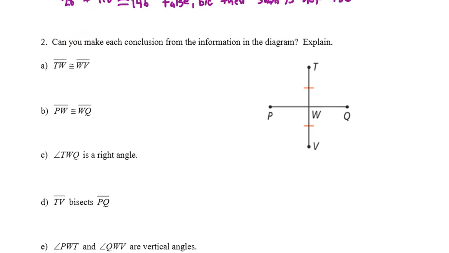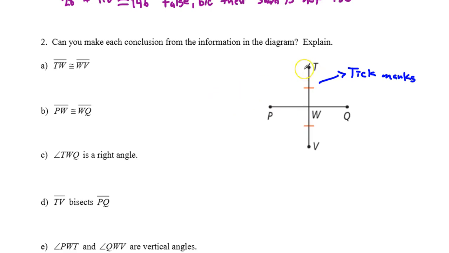All right, I want to point out some notation that we have here. On this line, these little markings right here are called tick marks. And what it means is that that segment is congruent to this segment down here. So what do we see?